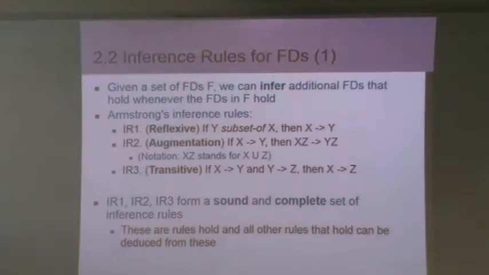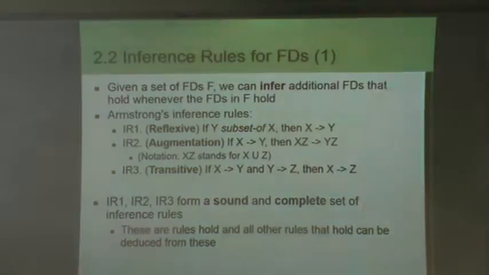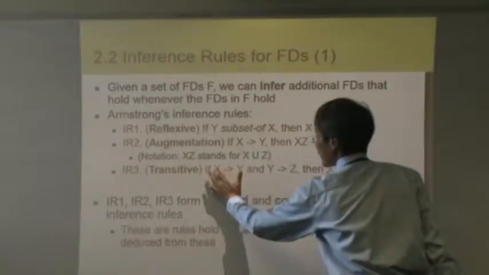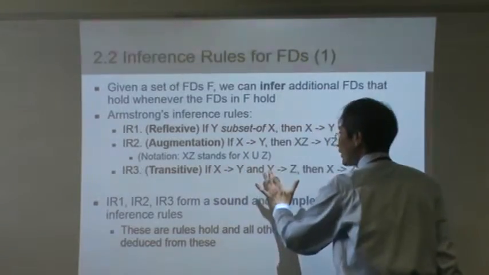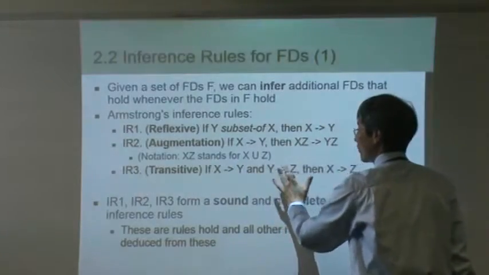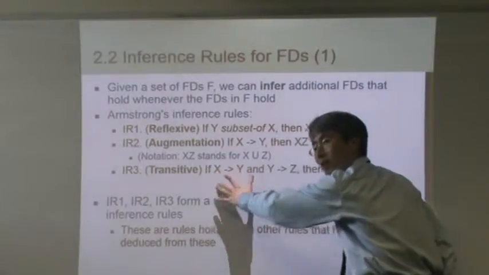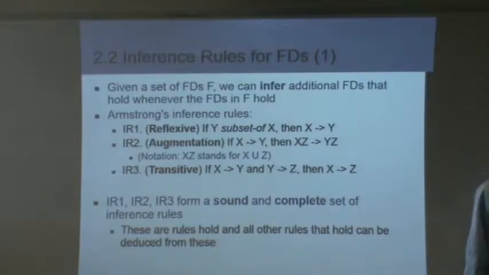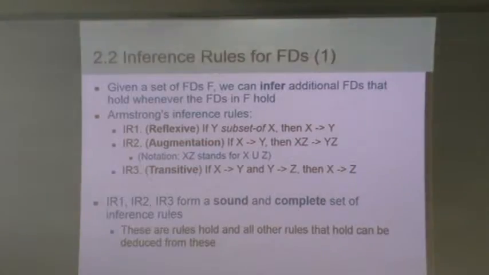Like the social security number, comma, the name. The name is determined by the social security number. Then augmentation, transitive: if x determines y, and y determines z, that means x determines z. That's the transitive rule that I think you can understand easily.